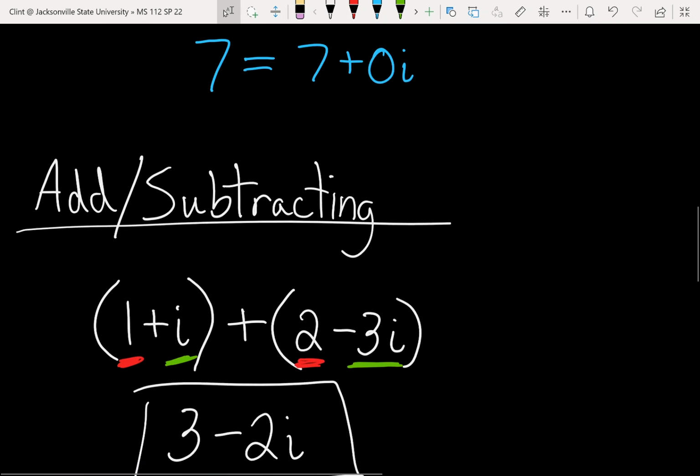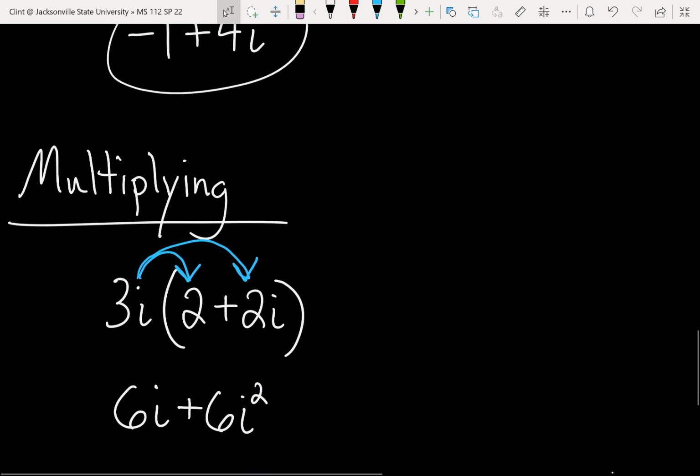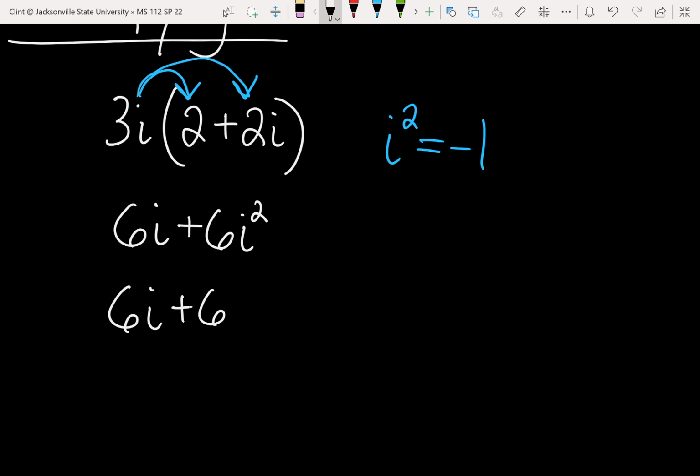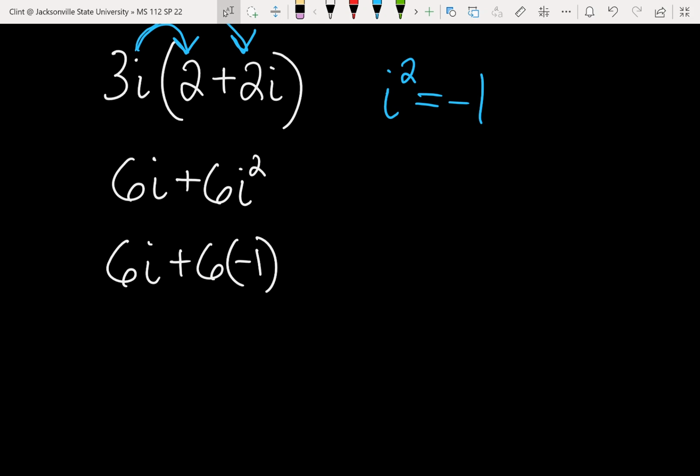Let me make a little note over here. We're using the fact that i squared equals -1. So this will be 6i plus 6 times -1. Six times -1 is -6.